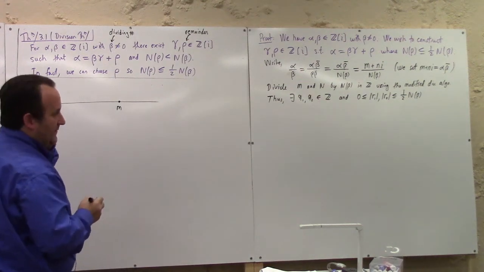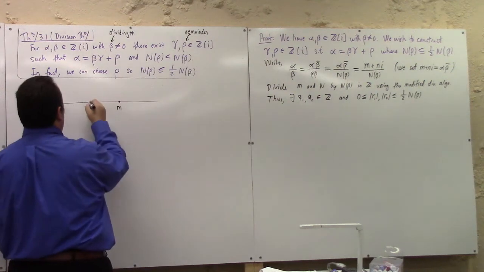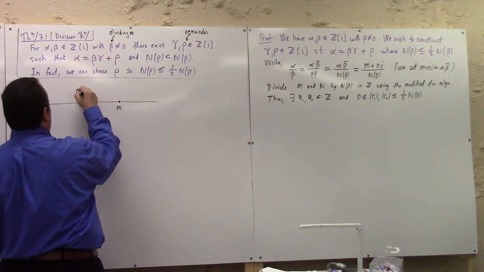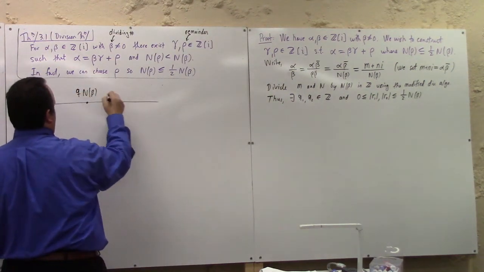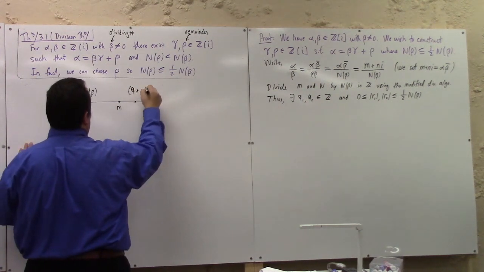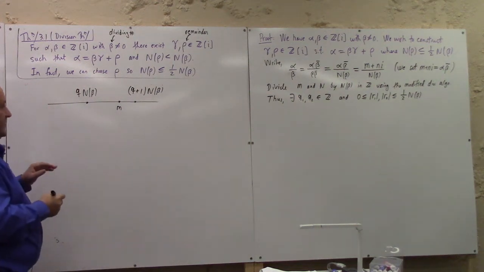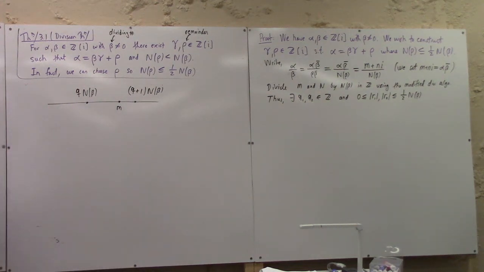And then you have multiples of the norm of beta, right? So maybe this is q times the norm of beta, and maybe over here you have q plus 1 times the norm of beta, right? So if you're choosing the multiple closest to the number to implement the division algorithm, the distance between those two things is the remainder.